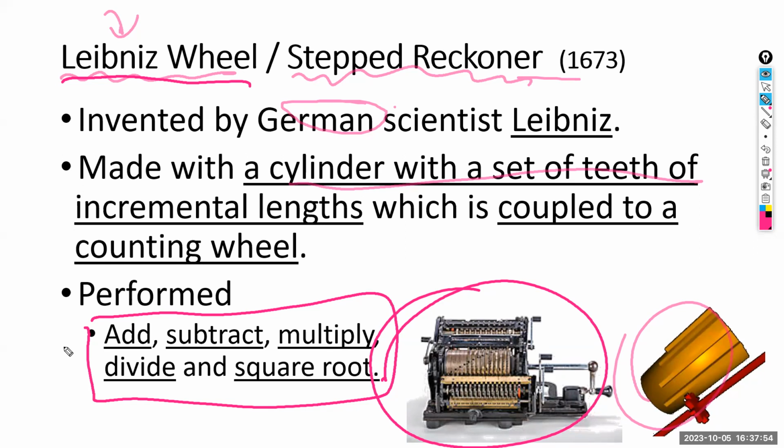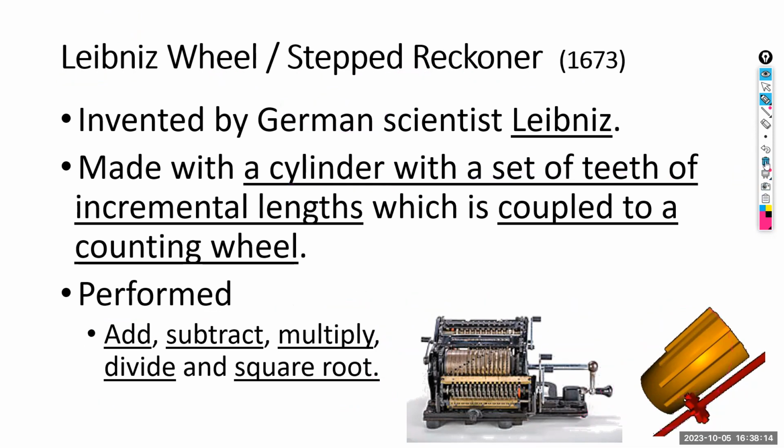And then the Leibniz wheel or the step reckoner, which uses a cylinder with a set of teeth with incremental lengths and coupled with a counting wheel. This supported multiplication, division, addition and subtraction, and also square root calculations. Okay, right. So that is a definite improvement, and also now we are in the mechanical era.